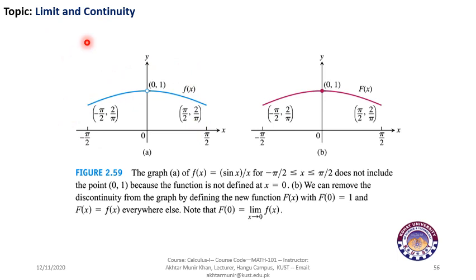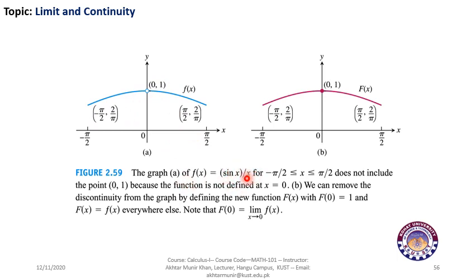Now it is not necessary that a function will always remain discontinuous. Sometimes it is possible to make a discontinuous function continuous by making some modifications or supplying some points to the function in the range. Suppose the function sin x by x.